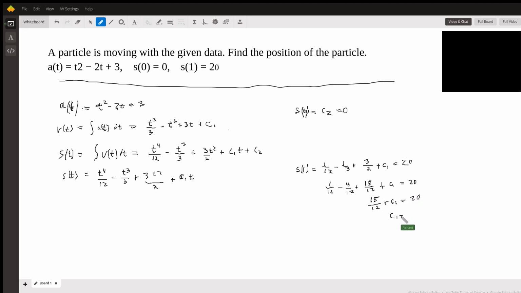So C1 is going to be equal to 20 minus 15 over 12. Excuse me. So 20 times 12 is 240.